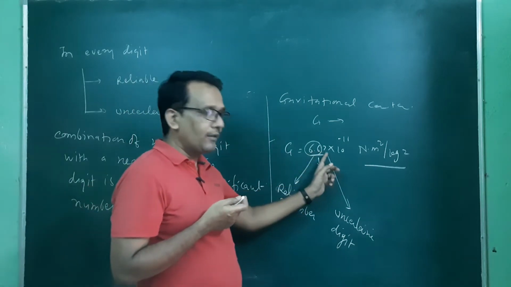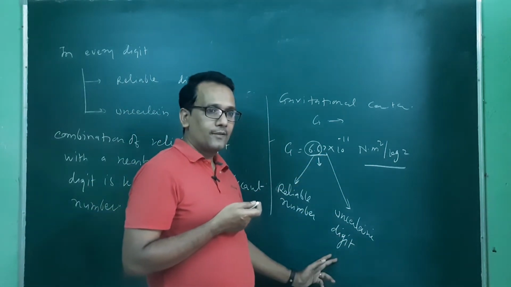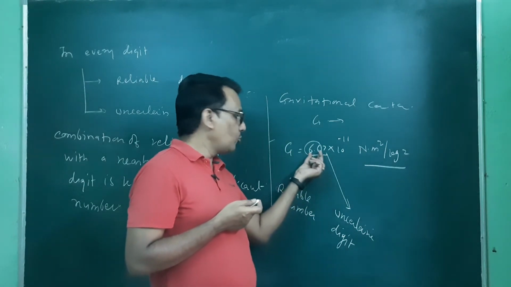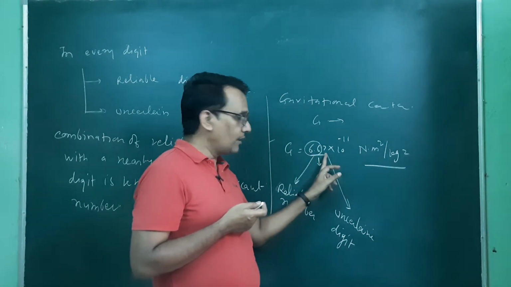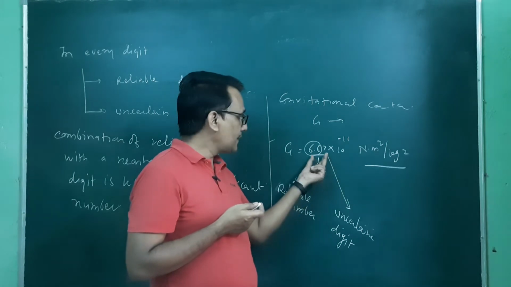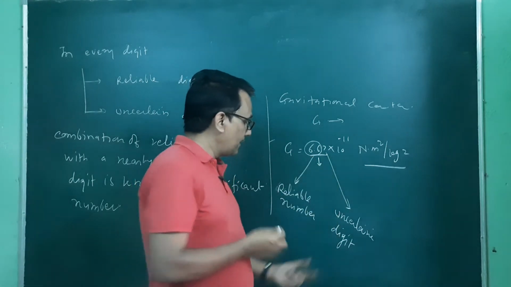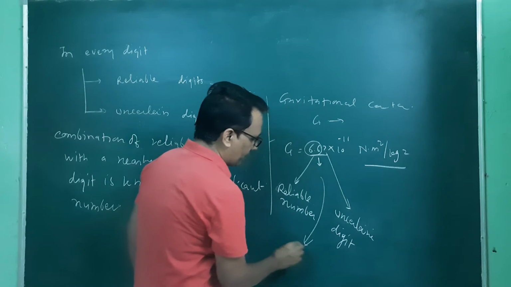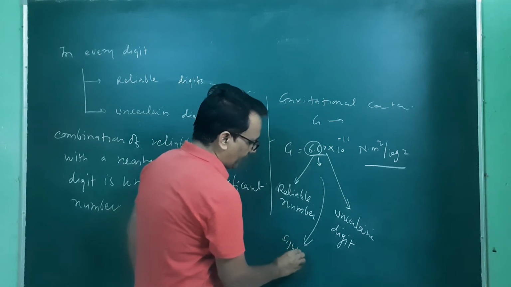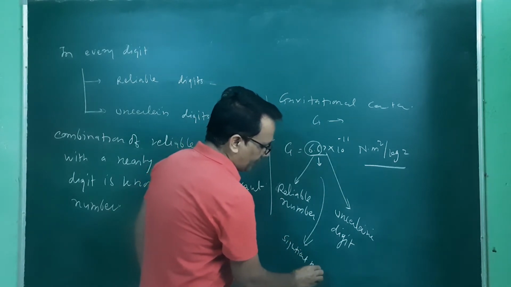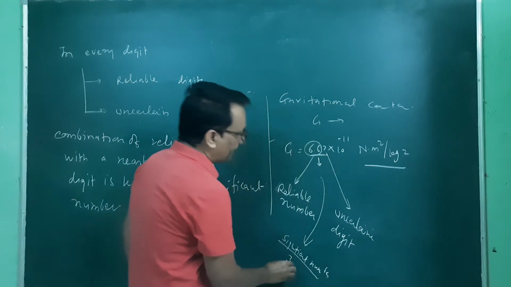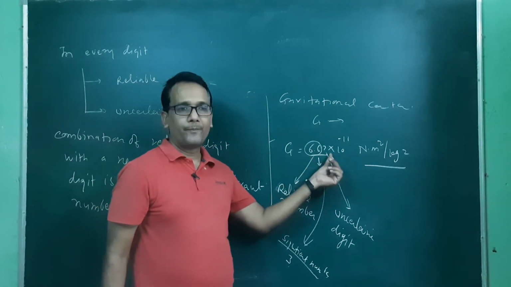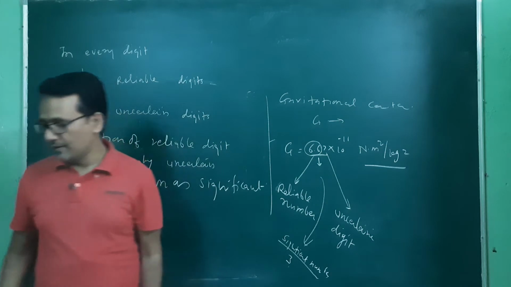So two reliable digits with one uncertain digit, this combination is known as significant digits. So these numbers are 3: 1, 2, 3. These three numbers are significant digits.